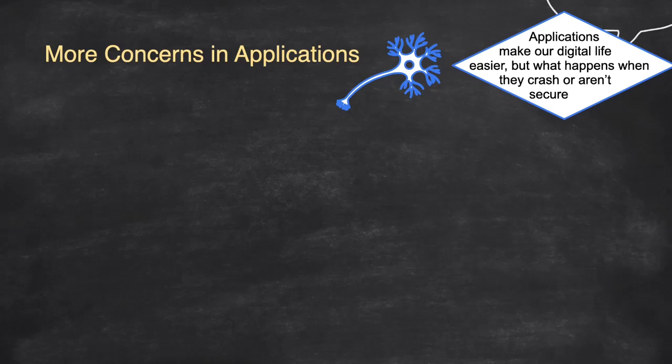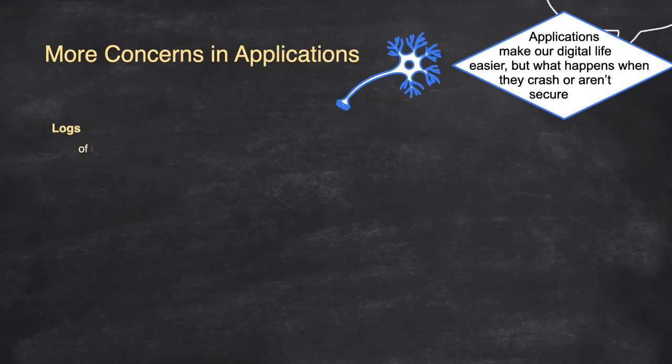Additionally, user experience, design flaws, frequent crashes, and insufficient documentation or support can further undermine the effectiveness of an application. Managing these concerns is essential for ensuring applications run smoothly, remain secure, and meet user expectations.